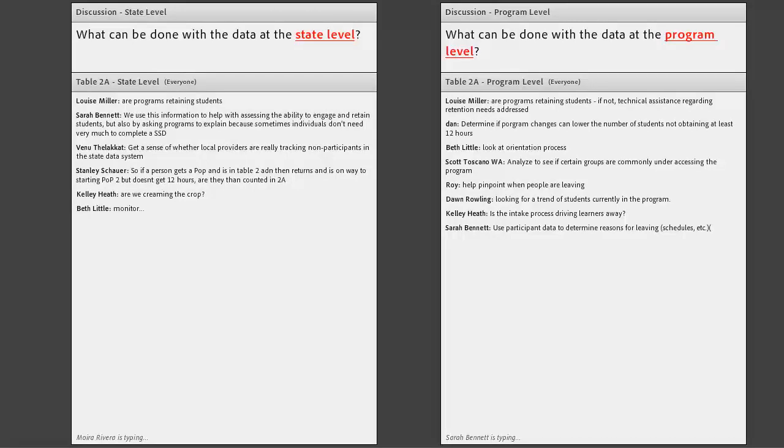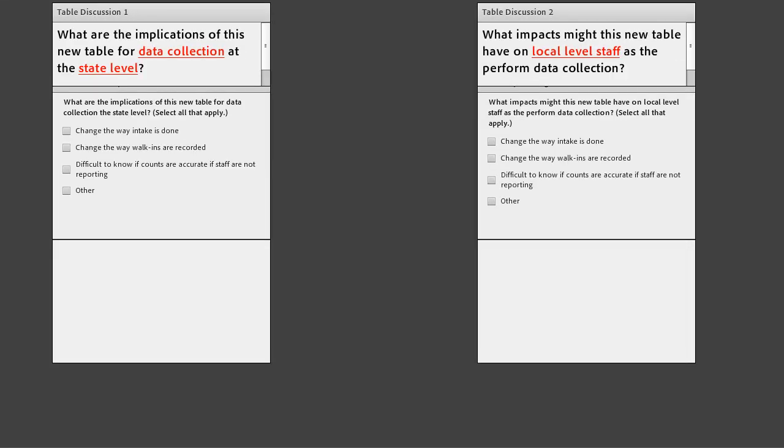And we're having you go through this exercise to have you sort of think through these tables and the uses of the data in these tables for when you're training your local programs and your local providers about the table changes and how they can use them for monitoring, assess recruitment. Great. I think we'll move on to the next section, the next poll.